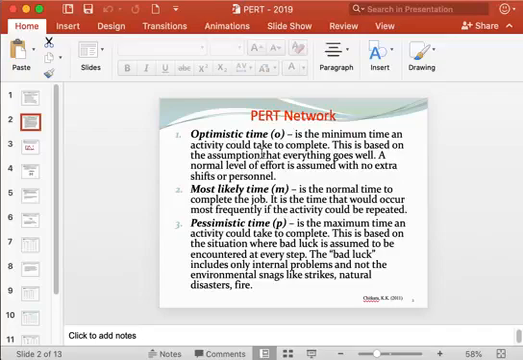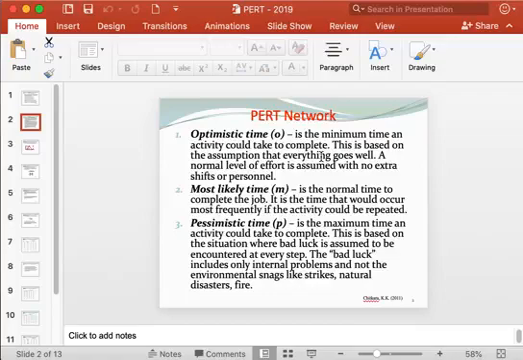I think I made a mistake here. Optimistic time is the minimum time within which an activity could be completed.